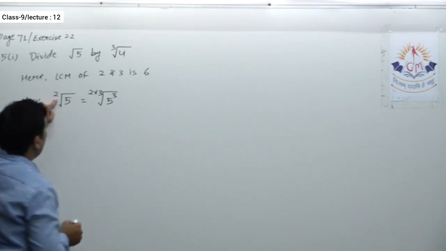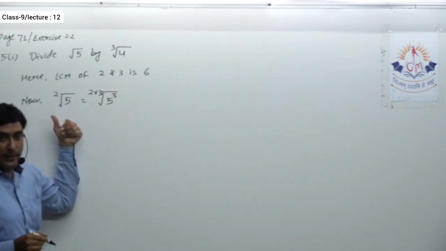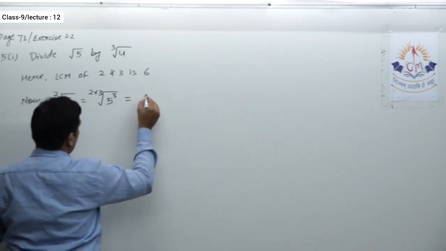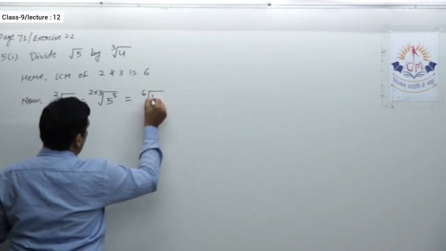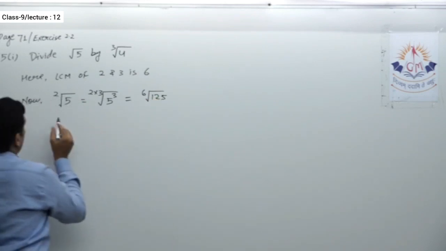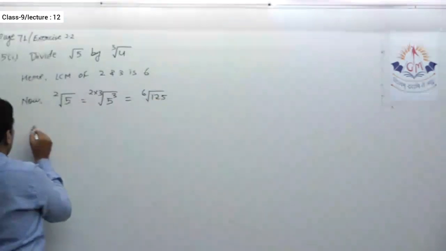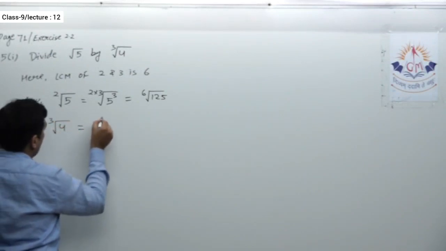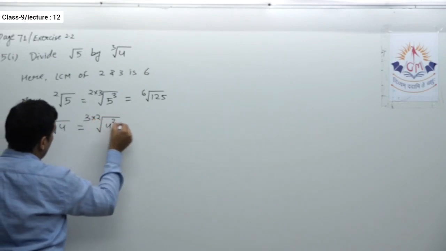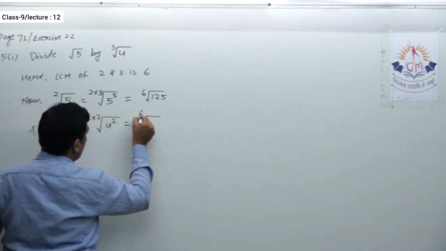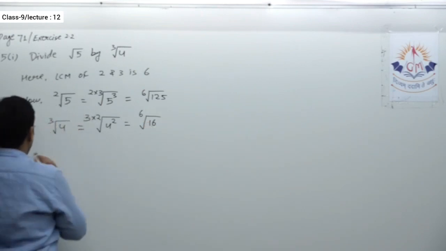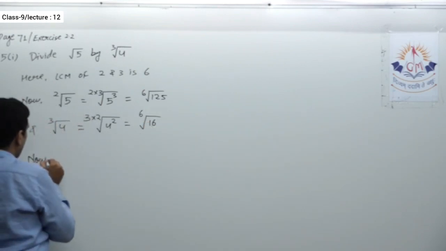As to make the order 6, I need to multiply the order by 3, so I raise the power by 3. So this will become 6th root of 125. And the second one is in which the order is 3. So to make it 6, I need to multiply by 2, so here it will become 6th root of 16.